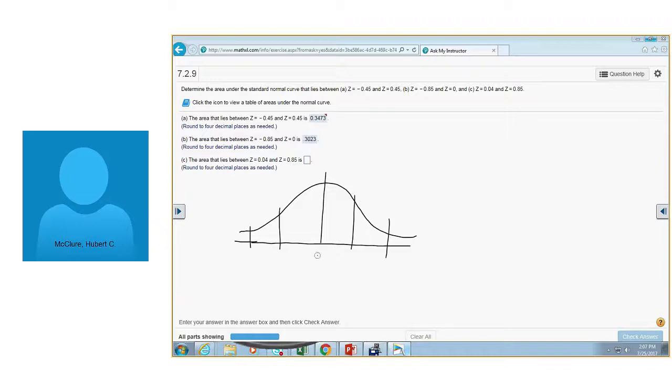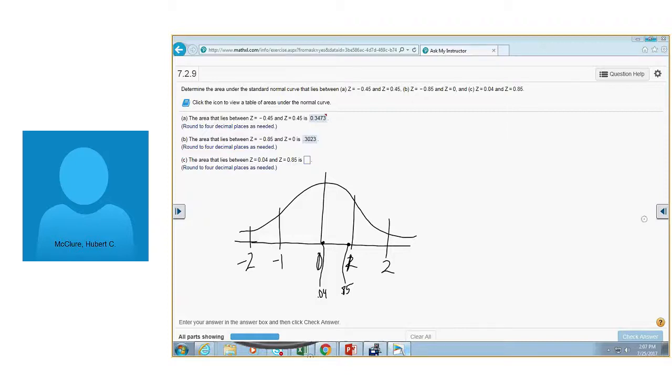So, 0, 1, 2, negative 1, negative 2. 0.04 is right in here. And 0.85 is right in here. So it's going to be more than 34% or less than 34%? Less than 34%. I again say 33 or 32, somewhere in there.